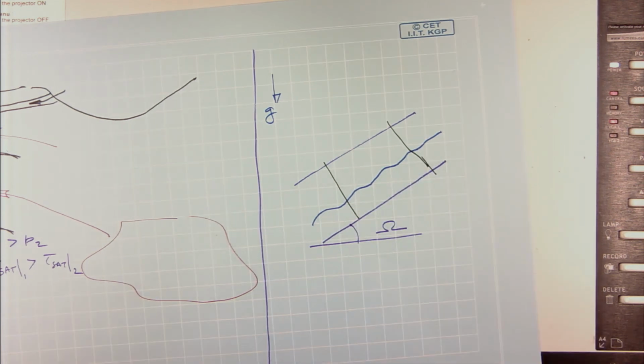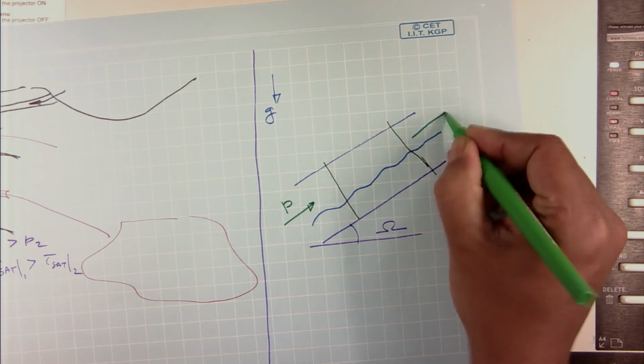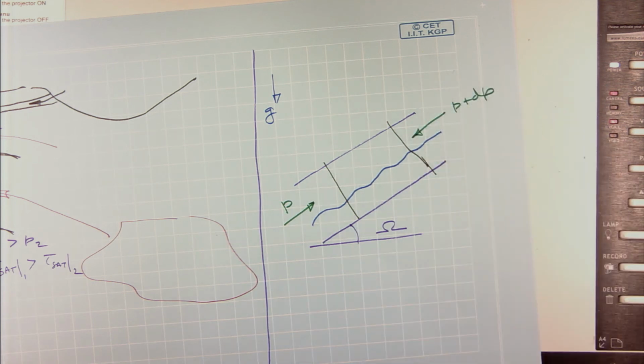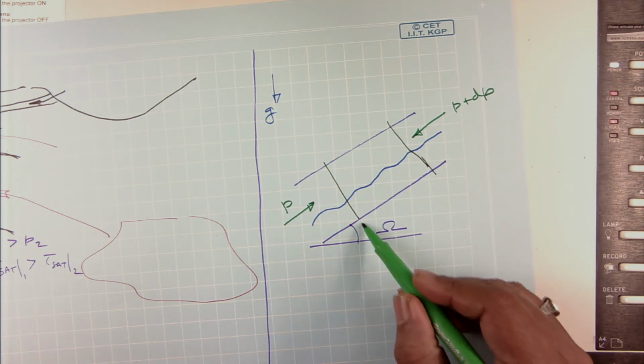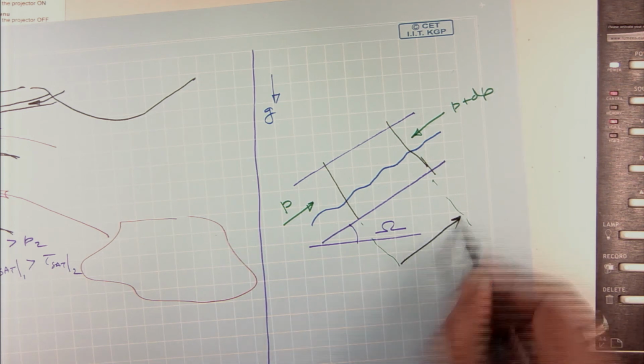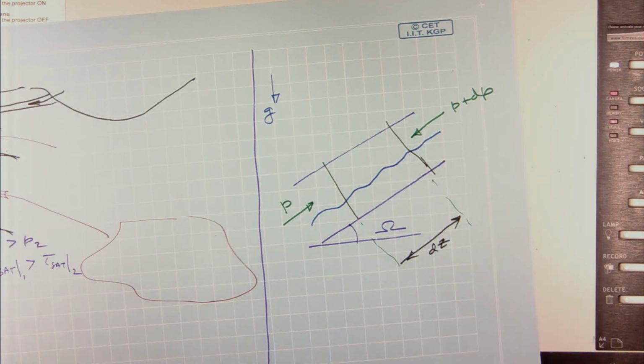and if I plot it, I will have a pressure P on this side and a pressure P plus dP on the other side. And I am doing a one dimensional model, which means if this was a pure single phase pipe flow, I would get a parabolic flow profile in the pipe, isn't it?